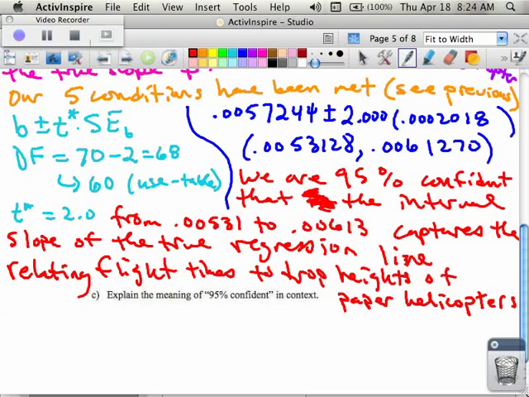What does it mean when you're talking about the 95% confident? And so this is kind of, for many people, really confusing because you think that means you're 95% sure that you have something. It's not exactly that.